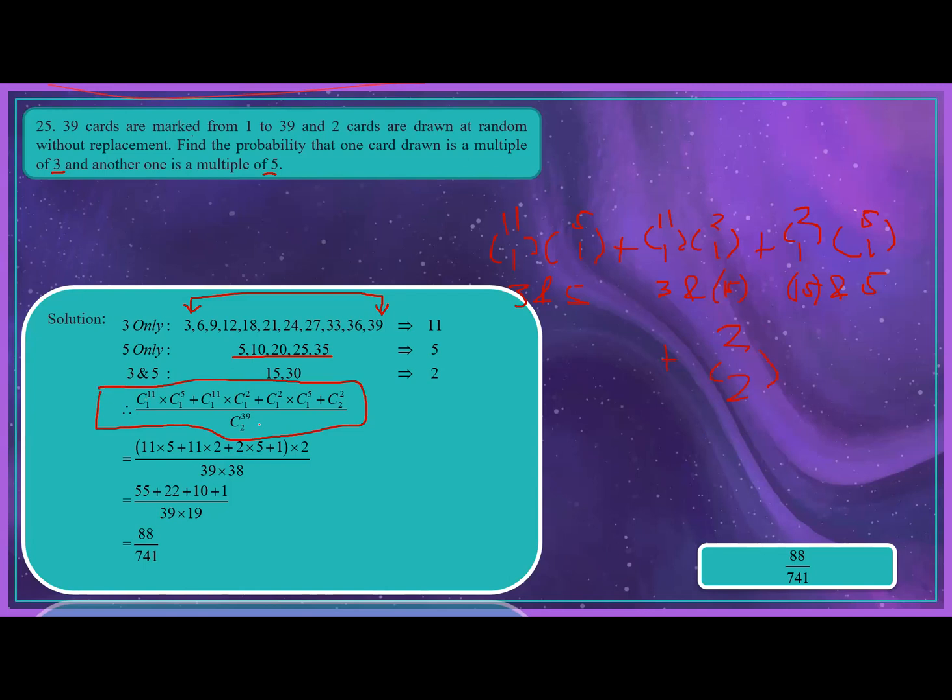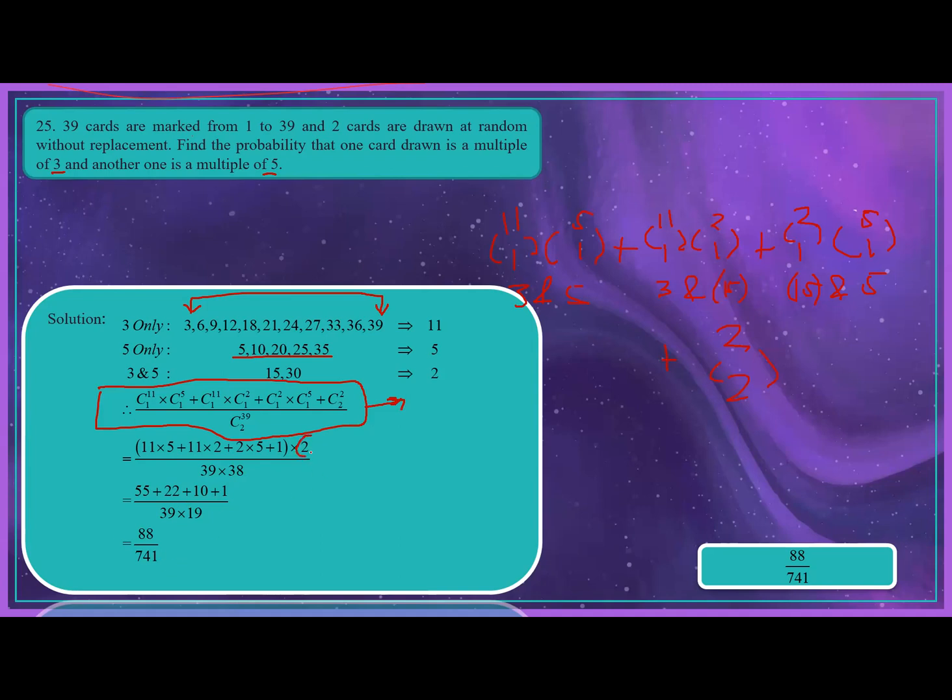Our denominator would be 39 choose 2. This would be the explanation for that. Simplifying each term, in total that's 88 over 741.